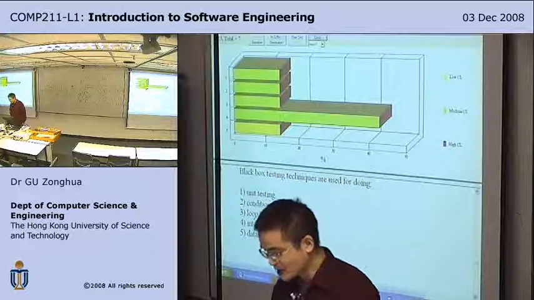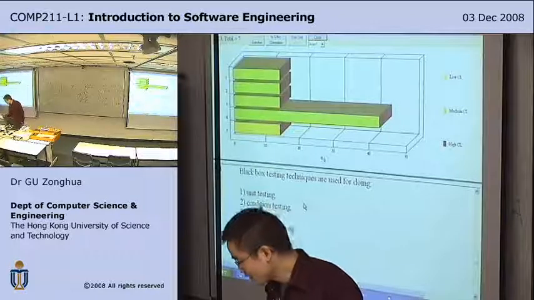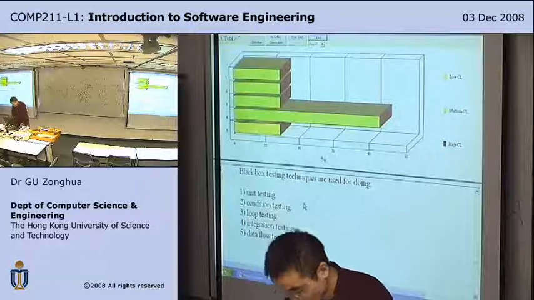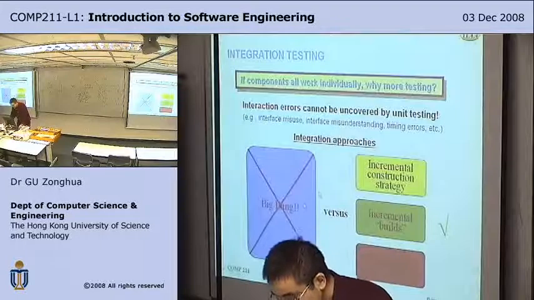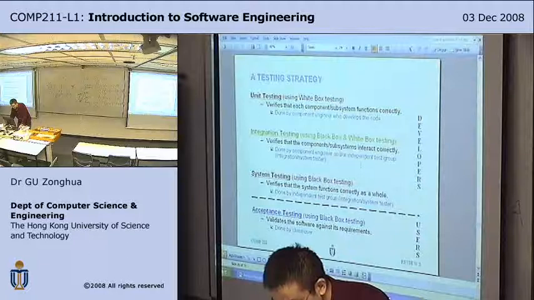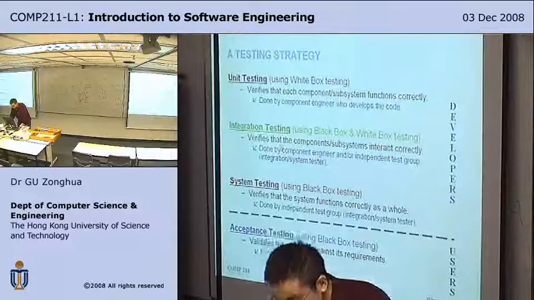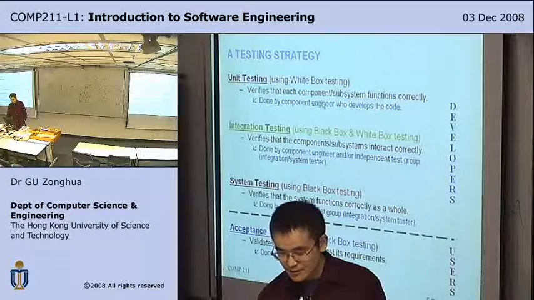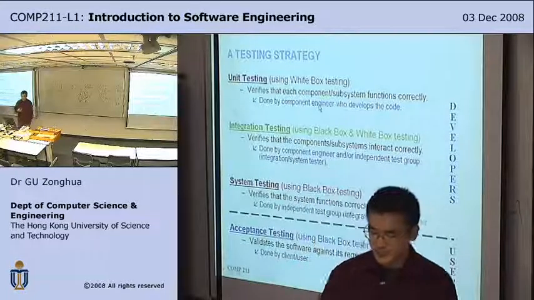So it's not a type of white box testing. A representative testing strategy is that unit testing is done with white box testing done by the component engineer who developed the code.